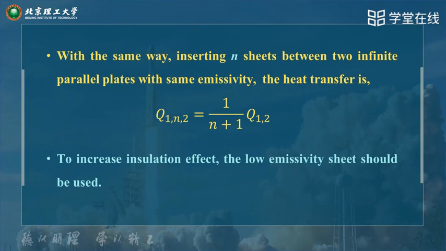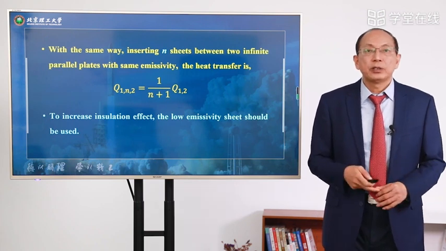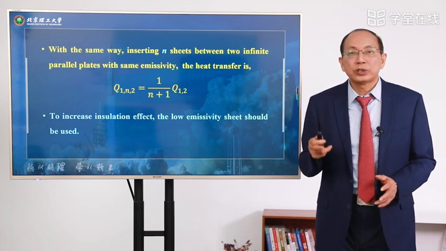In the same way, inserting N sheets between two infinite parallel plates with the same emissivity, the heat transfer is Q1-N-2 equals 1 over N plus 1 times Q1-2, just becoming smaller. To increase the insulation effect, a low emissivity sheet should be used.